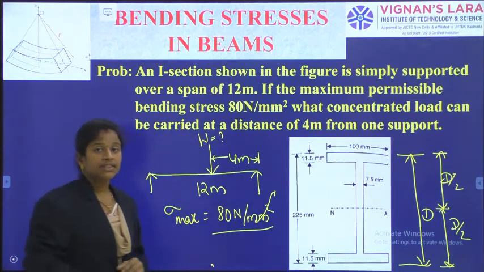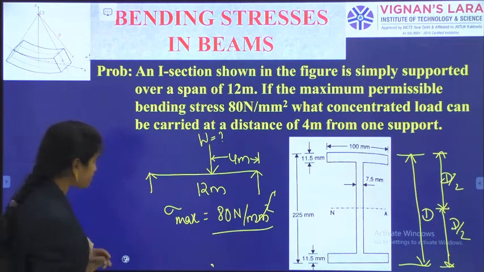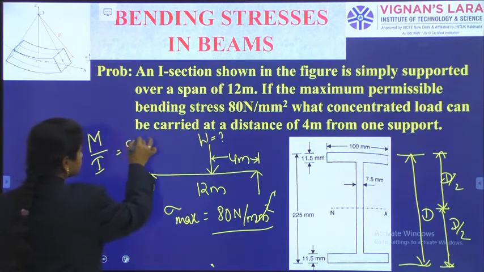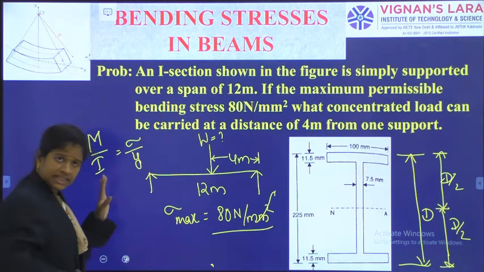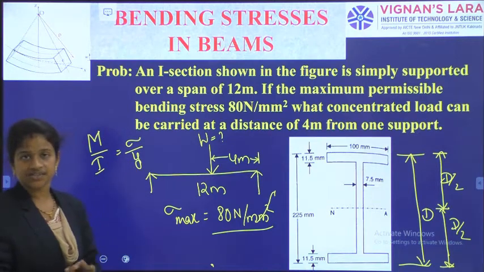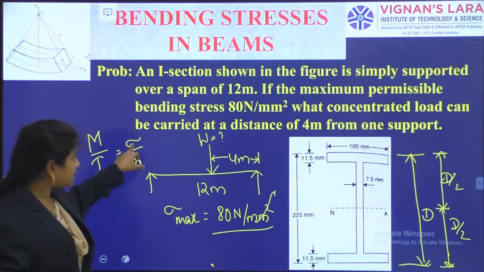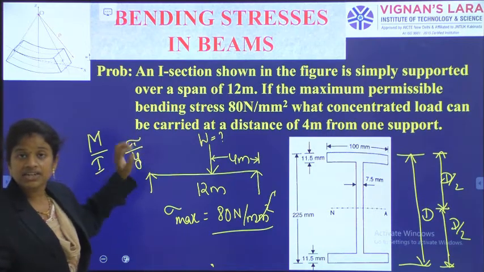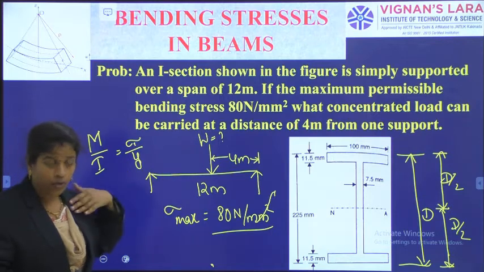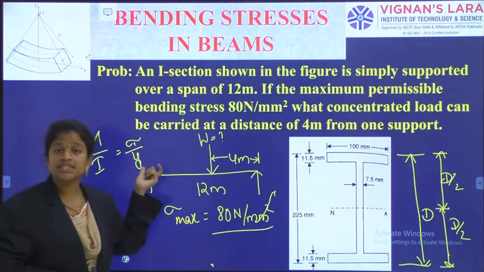So the thing we need to use is the pure bending theory, M by I is equal to sigma by Y. The theory's formula is not at all changing, but its usage is changing. Our intention is we are having the answer as sigma max, the maximum stress limit of the metal, I know. And Y, what is this Y?